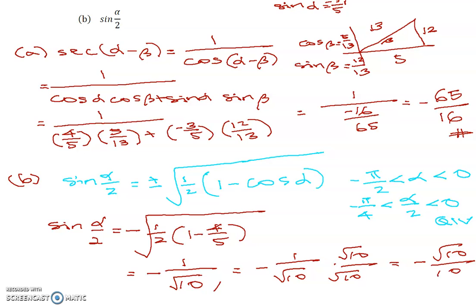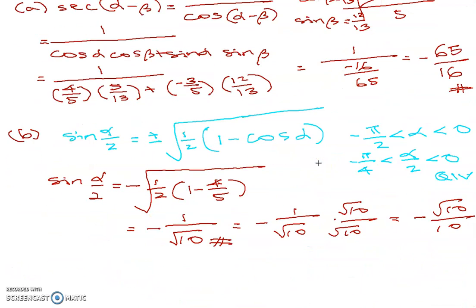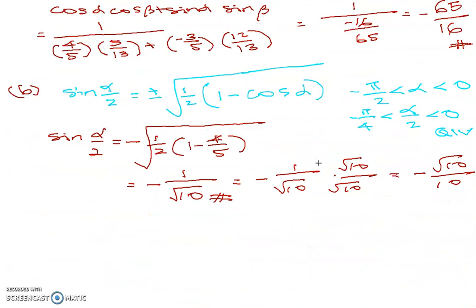But if you don't rationalize, this is already okay, as long as you do not write it in decimal. Decimal is not accepted at all because the question wants the exact value, and also the question instructs not to use the calculator.